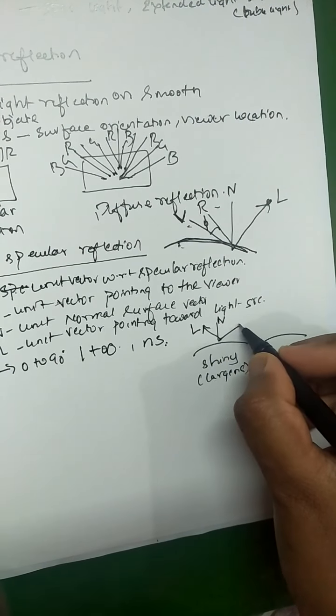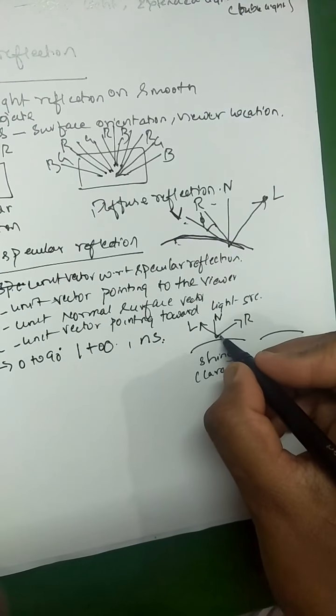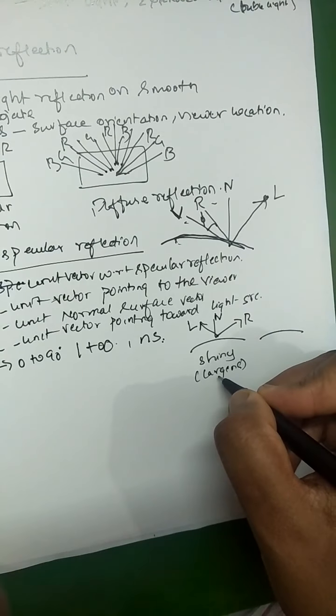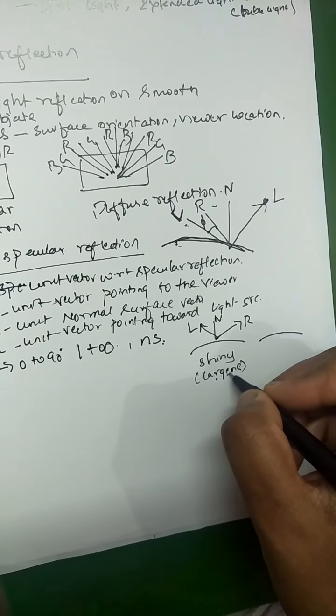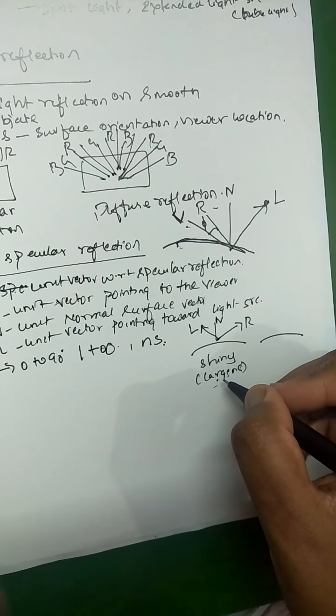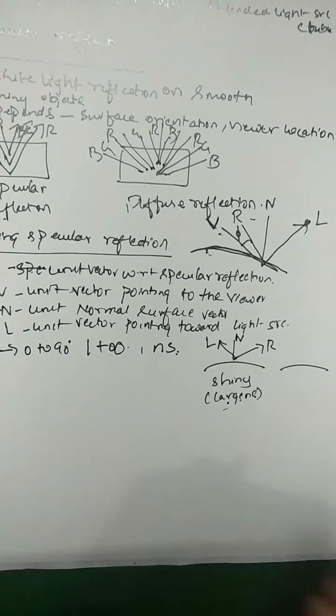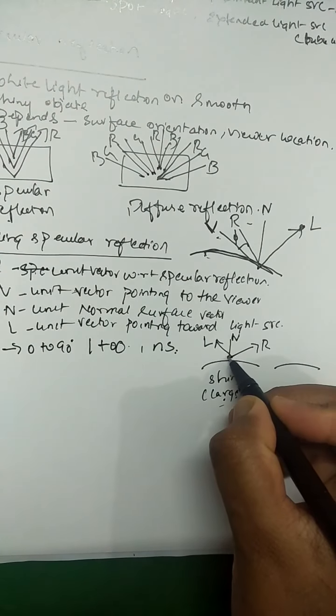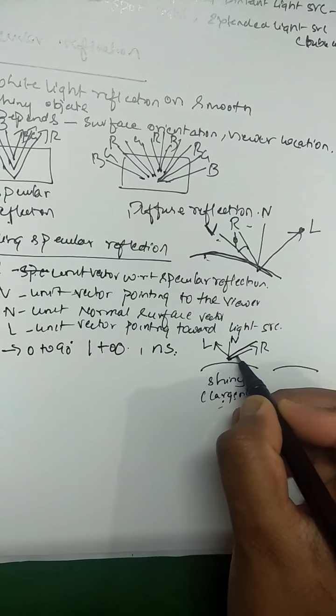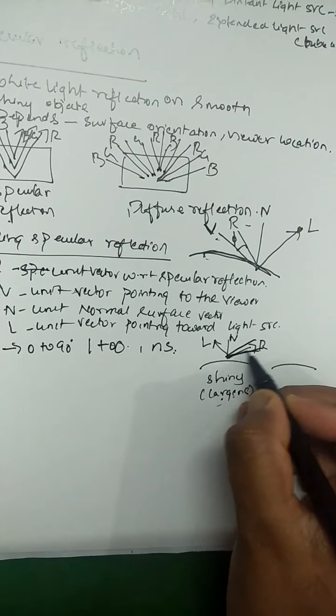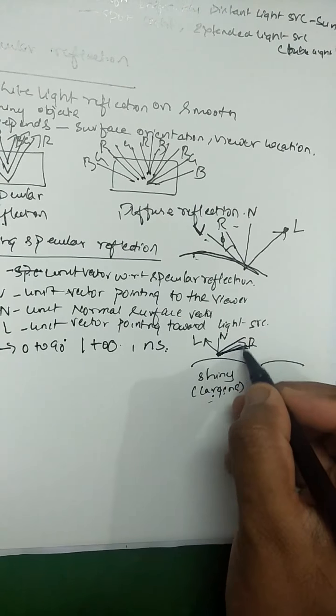If this is R, that is the specular reflection, because of the larger ns, the reflection angle will be something like this, so it will be pointed very narrowly.